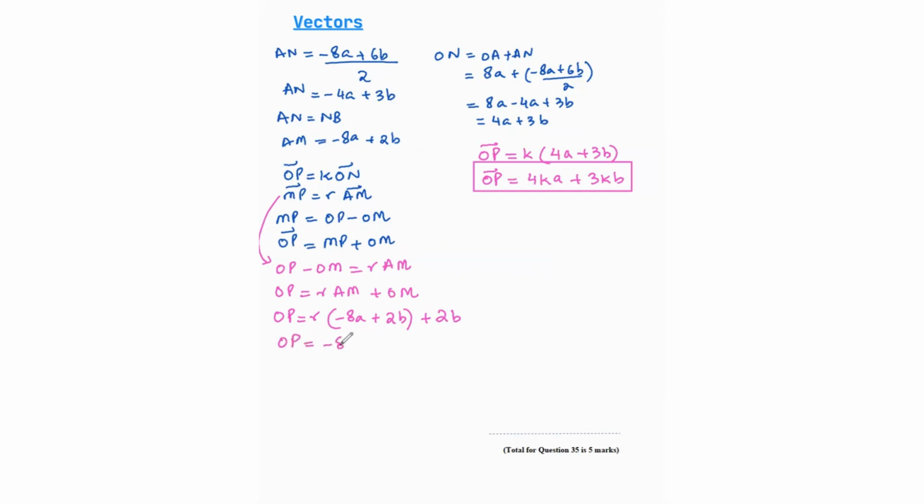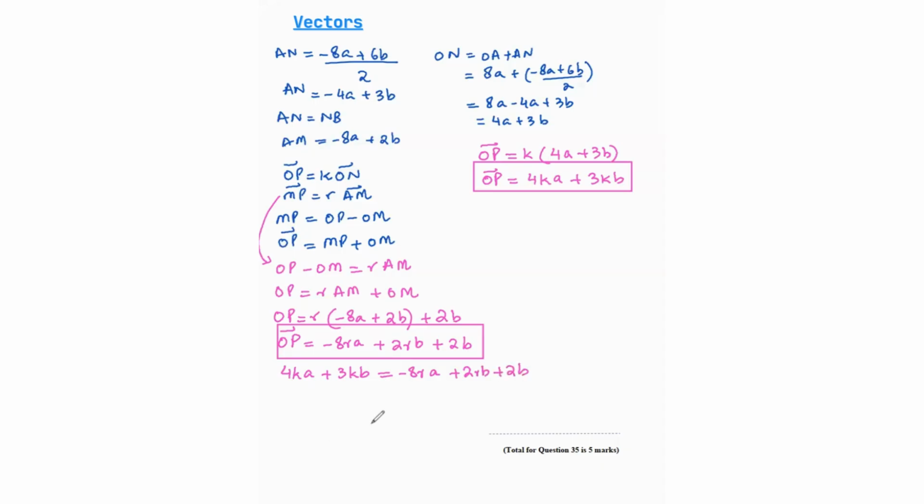So negative 8ra plus 2rb plus 2b. Since OP is going to be the same, we put both equations equal to each other. So 4ka plus 3kb, I'm going to highlight this as well, equals negative 8ra plus 2rb plus 2b.